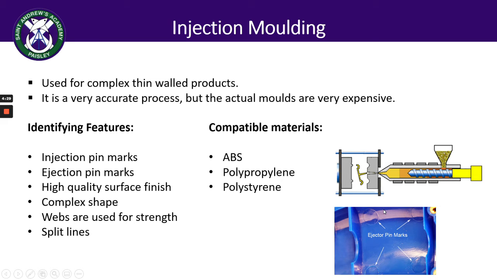Also, you can see in this image some examples of webbing, these bits that have been added for strength. Other things to look for are a high quality finish and splits where the mould has actually been joined. So these are all identifying features that you could use to see if a product was created from injection moulding or not.